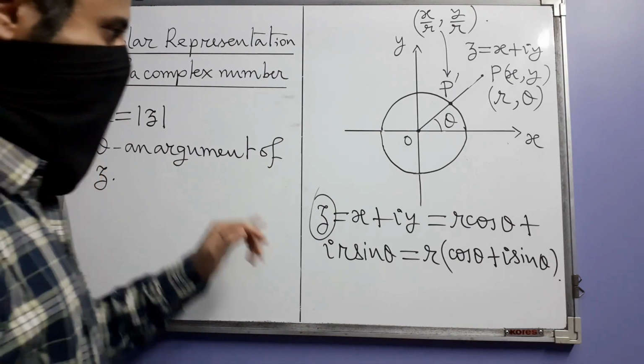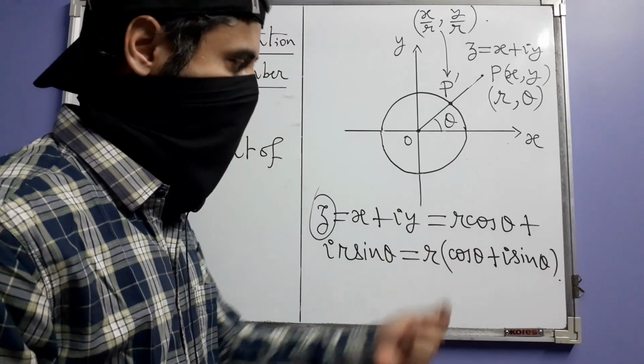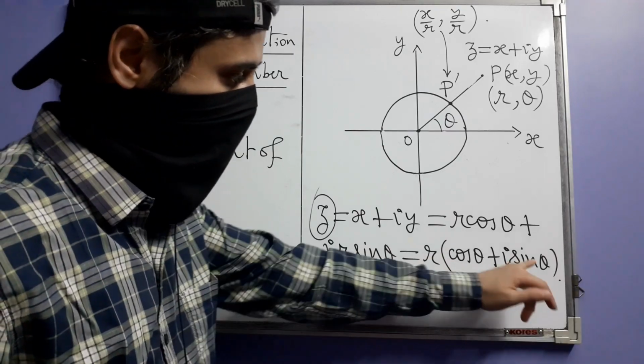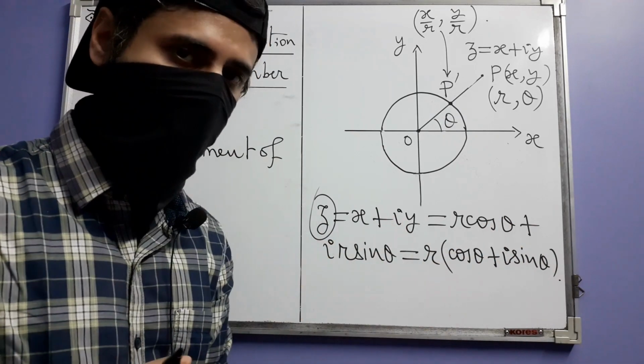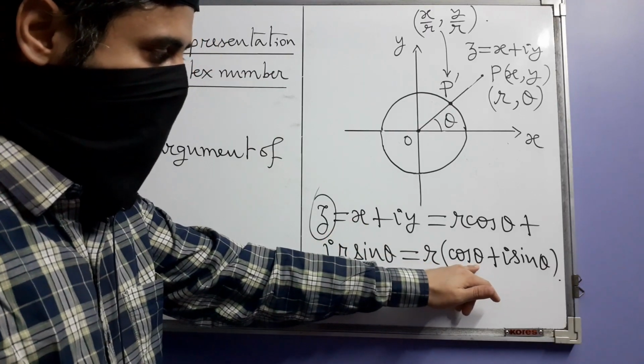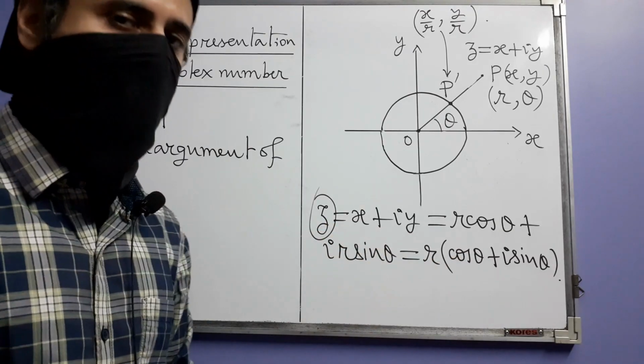An argument we say because theta is not unique. You may put one value of theta, someone else may put another value of theta. Cos theta and sin theta, however, are going to be same. Okay, so that thing is there. The different choices of theta are not going to change what z is.